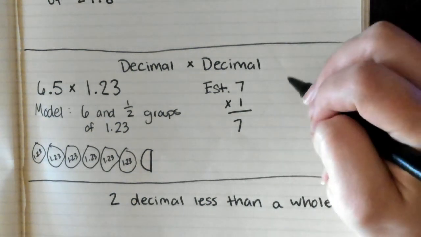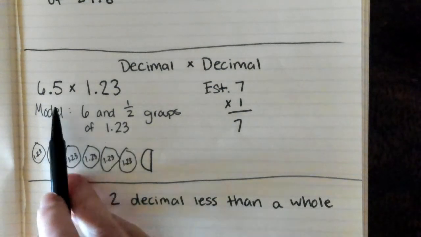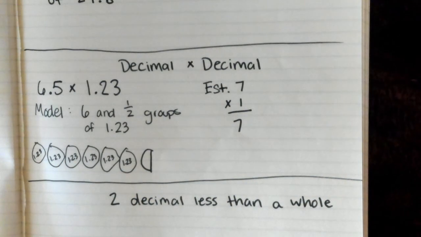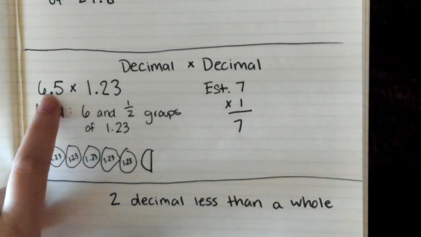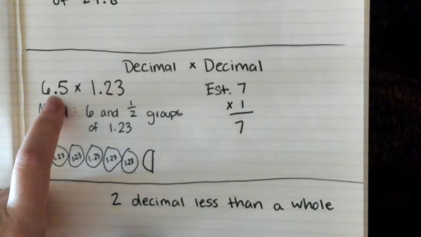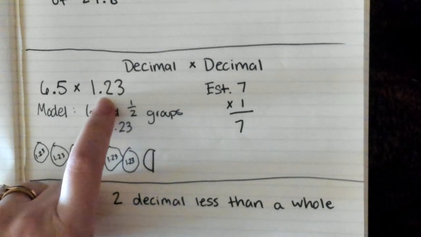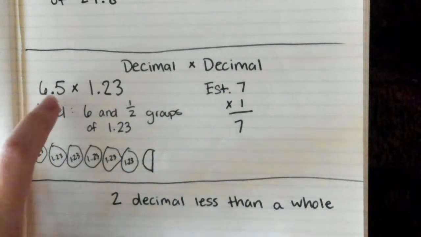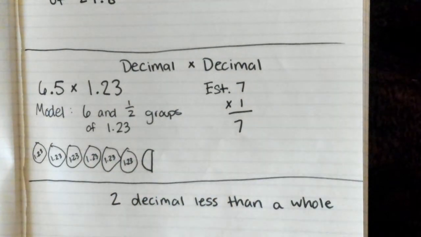So now it's time to actually solve. Now, listen here. You've been taught something that might be incorrect. You might have been told previously to this, always put the bigger number on top. Okay, well, hold on. That's not necessarily true, because look over here. 6.5 is bigger than 1 and 23/100ths, but which one has more digits?